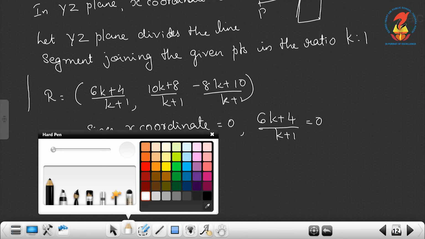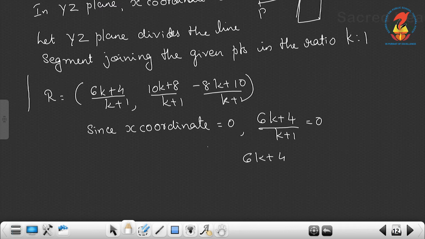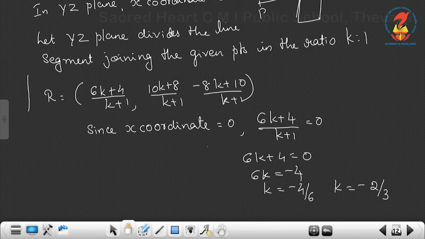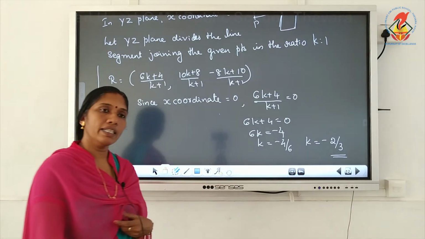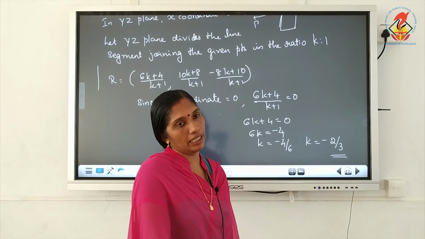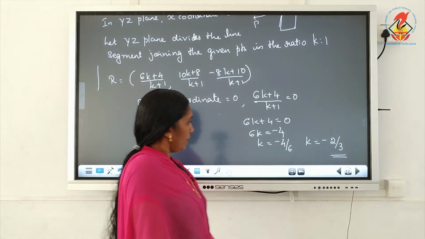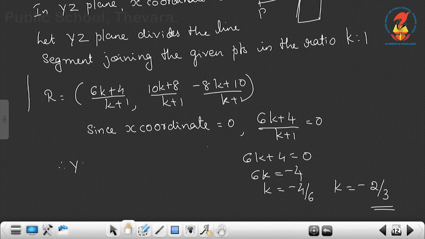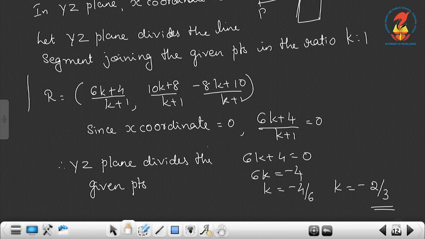So, from that 6k plus 4 is equal to 0. So, 6k is equal to minus 4 or k is equal to minus 4 by 6. That is k is equal to minus 2 by 3. So, this minus sign indicates the division is external. Okay. So, we can conclude, therefore, YZ plane divides the given points externally in the ratio.